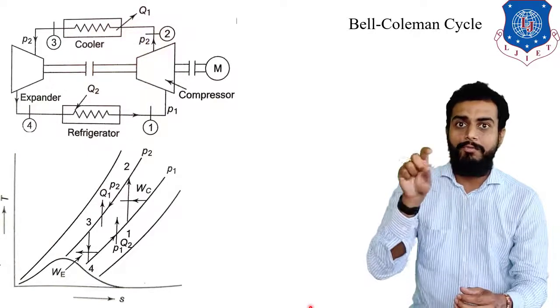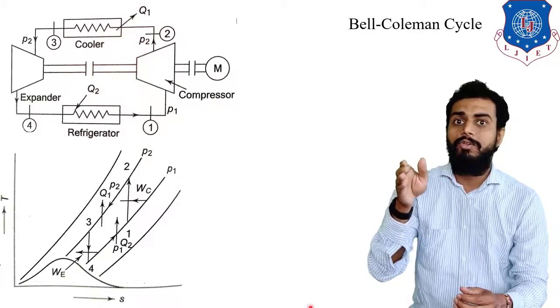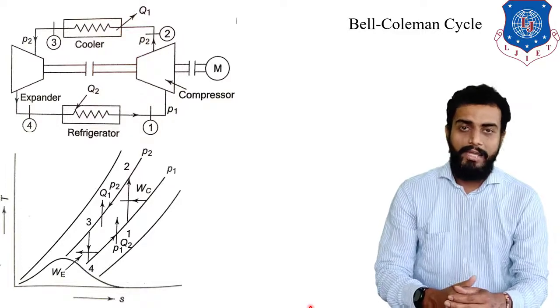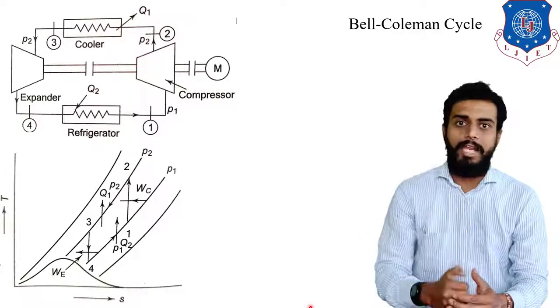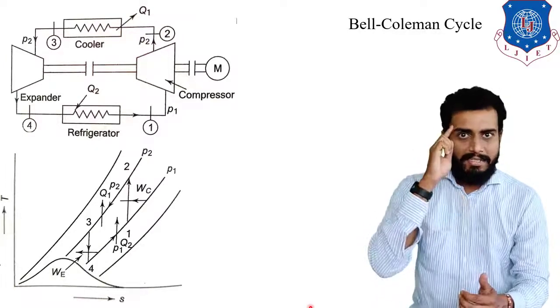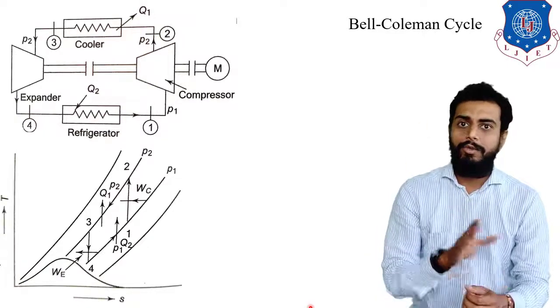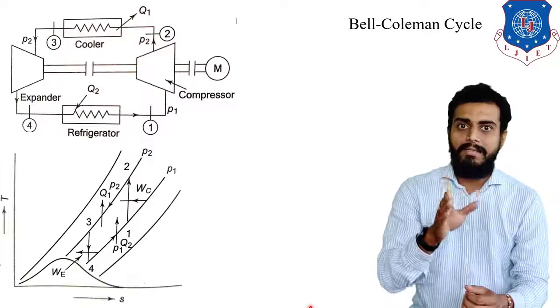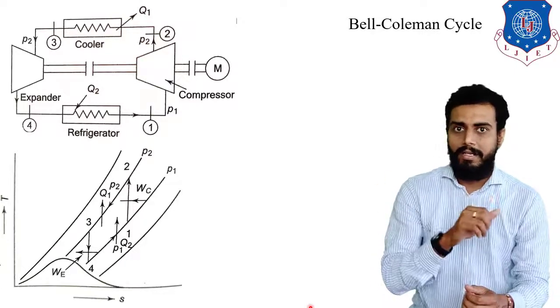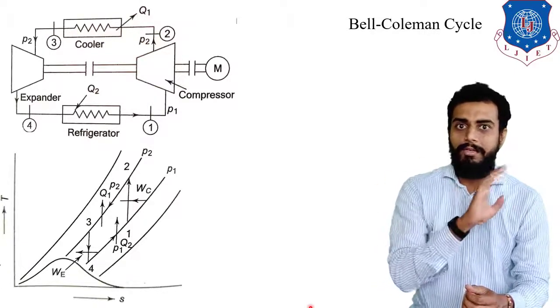So that is why, instead of a throttling device, you will use an expander over here. Now in case of an ideal gas, what will happen? Let us understand. Please listen to me carefully. Simple. In case of an ideal gas, you know that the enthalpy depends on the temperature, right? So H is equal to Cp into T.